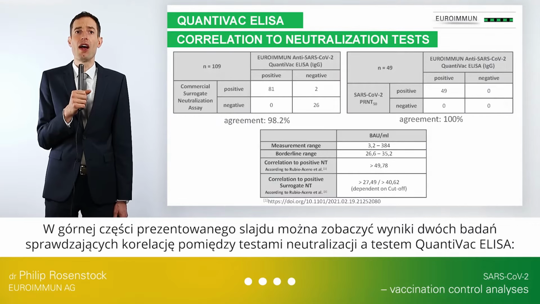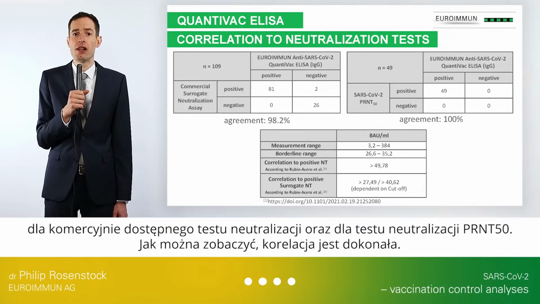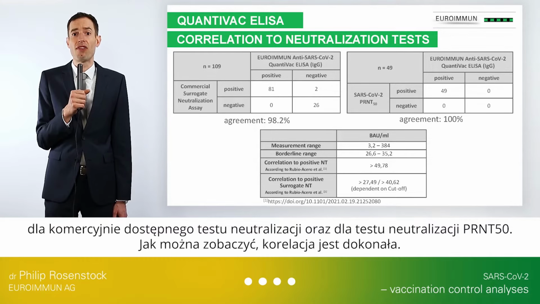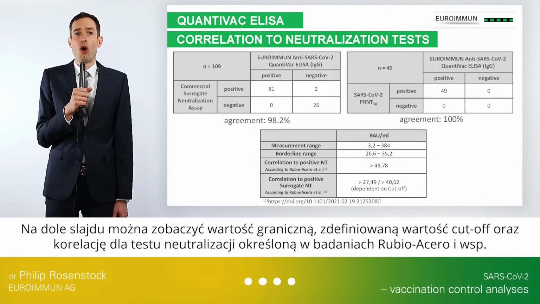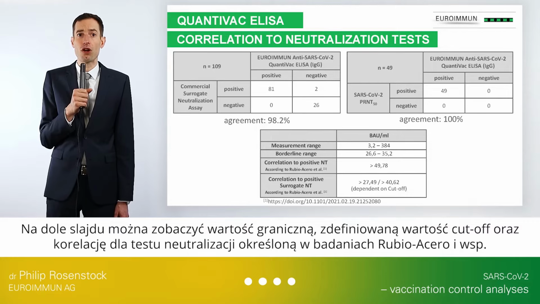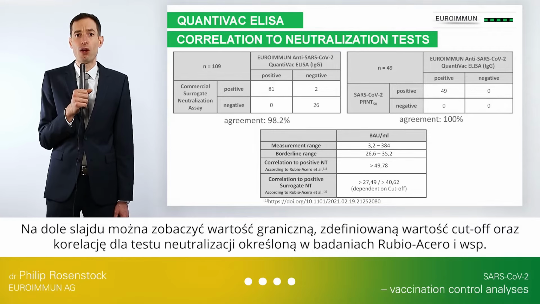So on the upper side of this page, you can see two internal correlation studies, one against a commercial surrogate neutralization assay and one against a real plaque reduction neutralization test. And you can see that the correlation is excellent. On the bottom of the page, you can see the borderline range, so defining the cutoff, and the correlation to neutralization assay that was released by Rubio, Azzero et al.